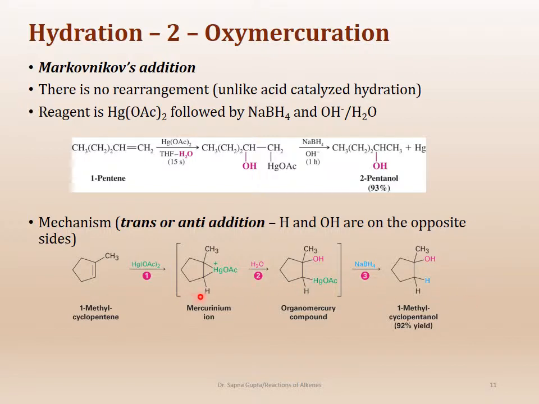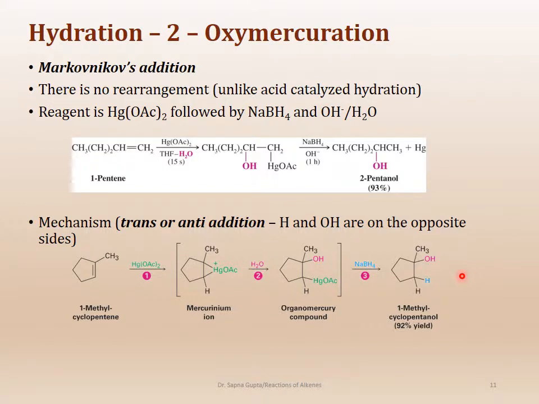The other part I want you to see over here, and again, this is not so key for us right now, but sometimes it is important, is that the addition is anti-addition, which means that the OH and the H that are adding, the H2O that has added, are on opposite sides. We did not have to talk about this in the hydration of alkenes with water because it was a carbocation formation. In carbocation formations, you end up getting racemic mixtures.